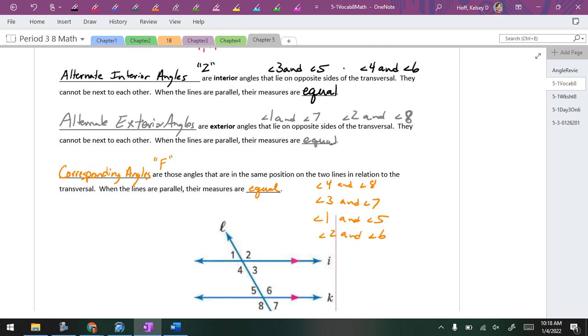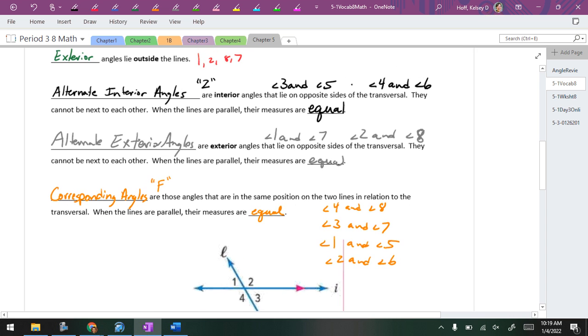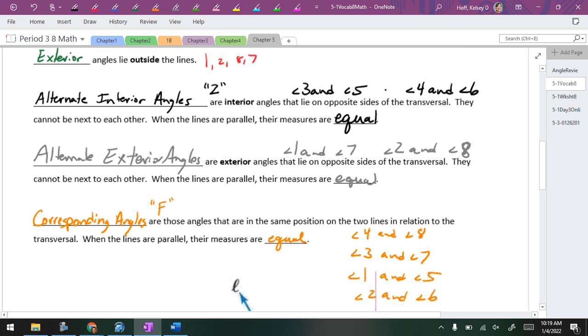You may want to trace them to see if you make an F or a Z. Look at the definition of interiors and exteriors. You probably don't need the diagram on this, huh? I can make this a little bit bigger for you.